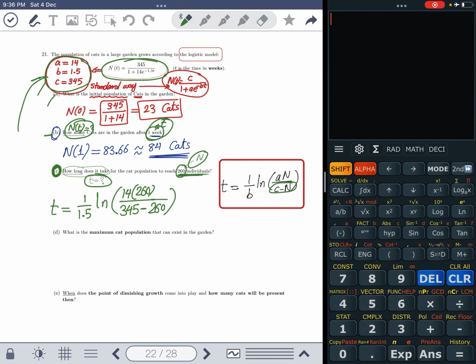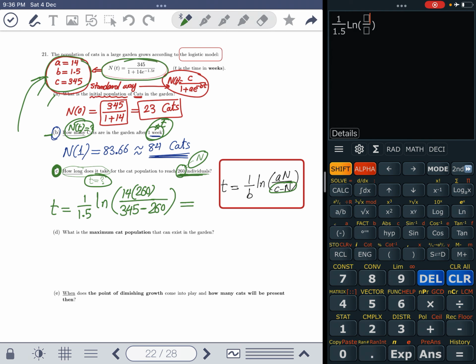I did it in general, and so it's much better that you watch how I did it in general, because every time you will have to do the same process. So it's easier to just do it in general. So 1 over 1.5 times ln of a fraction.